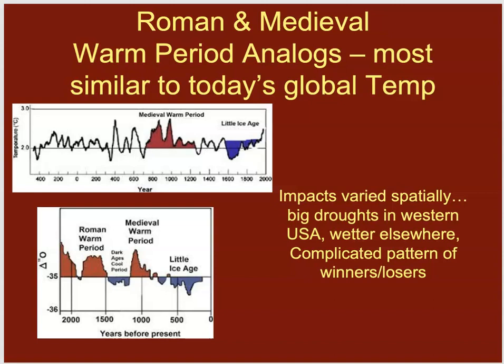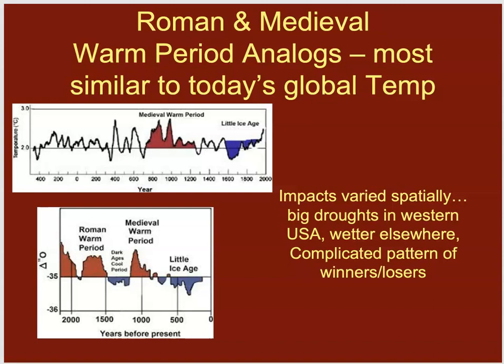In the western USA, the medieval warm period had massive droughts. The Sierra Nevada was much worse than today. But in other places, it was much better. So there are going to be winners and losers no matter the change. That's just the nature of how Earth's climate changes.